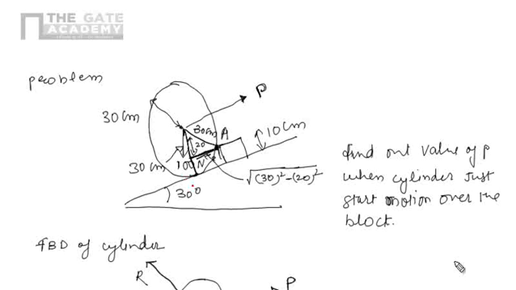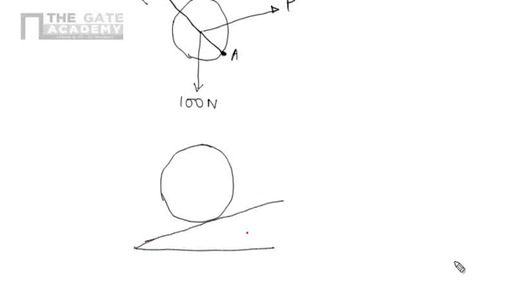So now let's draw this diagram again. Here we are drawing the diagram again. We are having this plane, it is 30 degree. We are having the weight, it is W. Here we are having the obstacle. Here the reaction, and this parallel force P. This distance is 10.